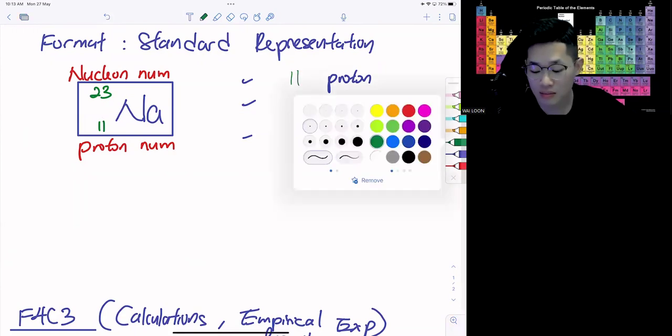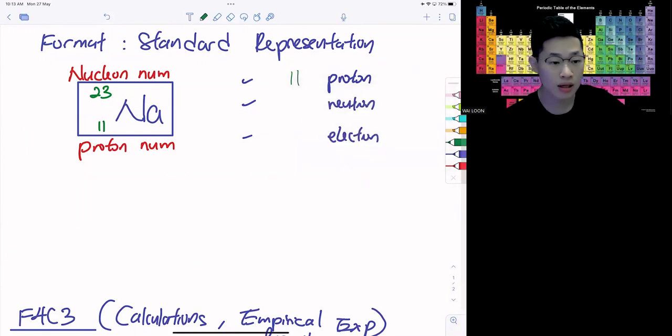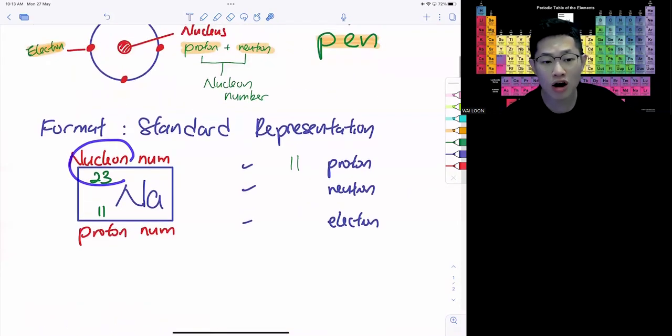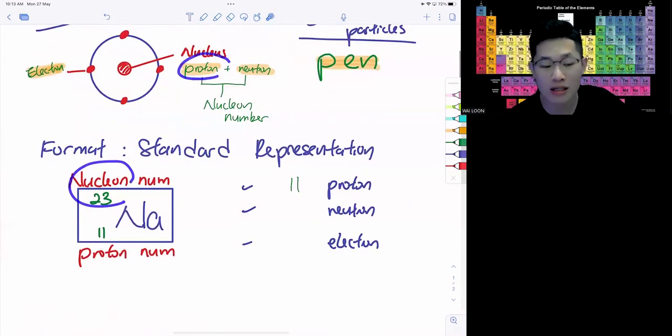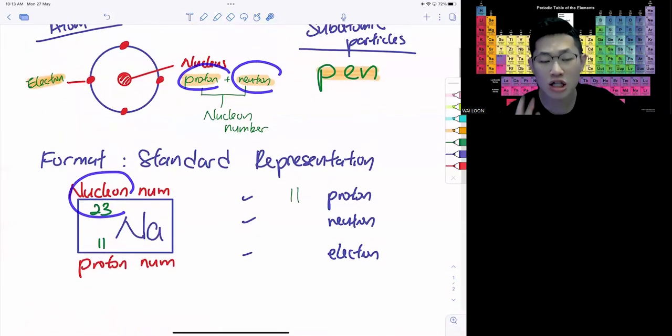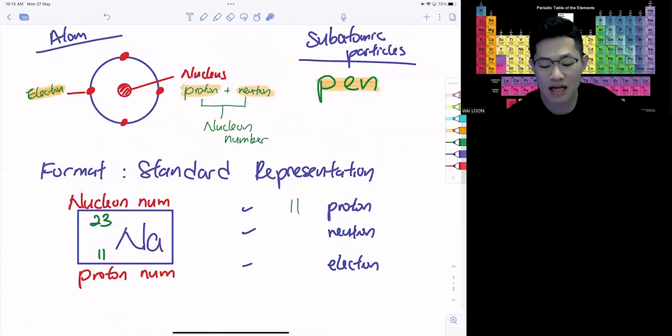There are 11 protons. And then to get the neutron, how do we get the neutron? Just now I said that nucleon number, nucleon is actually proton plus neutron. We call it nucleon because this place is the nucleus, so everything in the nucleus, we call it nucleon number.